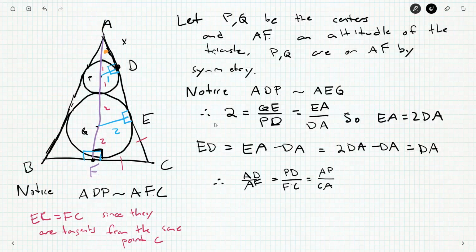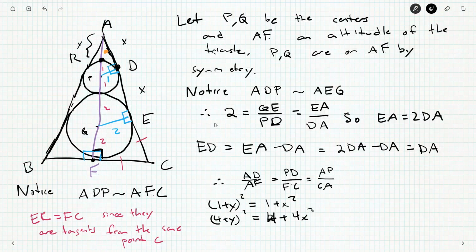Alright, I'm going to call this length X, and now we know that this is X, and I'm going to call that R, and I'm going to let that be Y. So 1 plus Y squared is equal to 1 plus X squared, and then 4 plus Y all squared is 4 plus 4X squared.